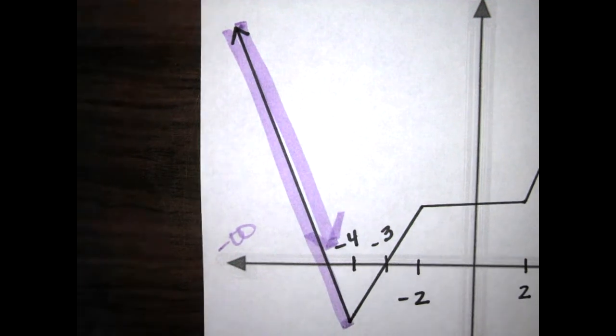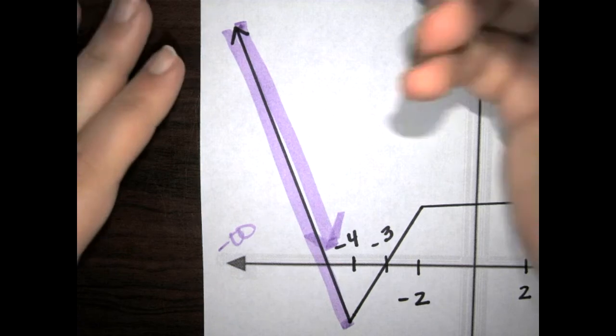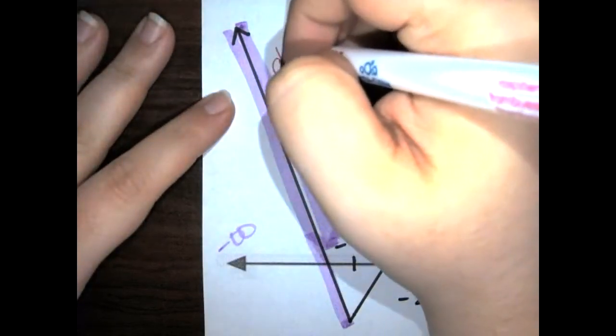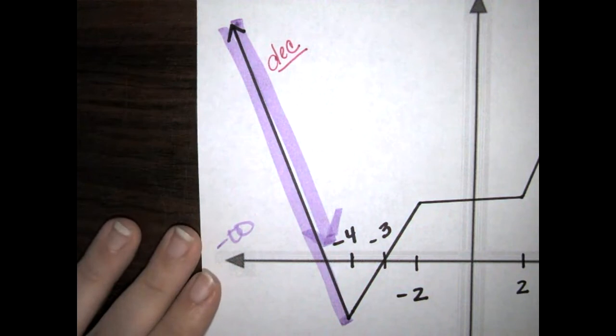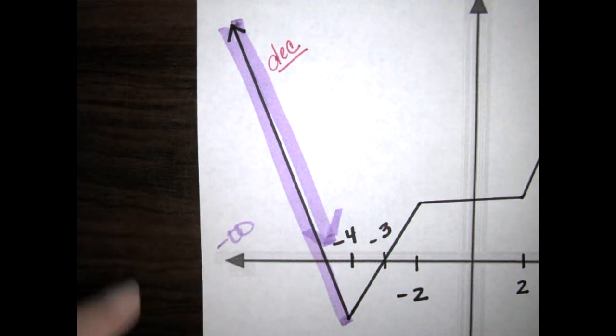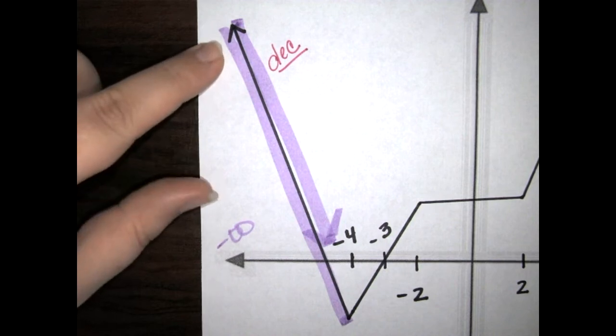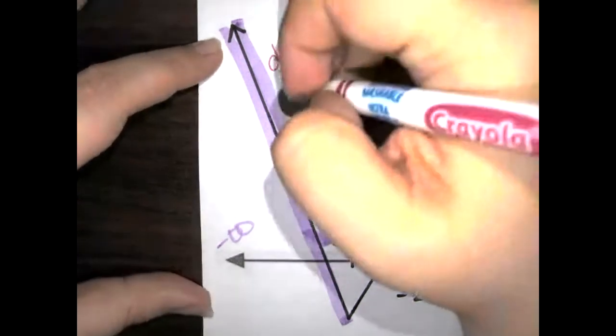Okay, so this first part is going to be decreasing. Here we are decreasing our graph. So we have to be able to tell where that's happening along the x-axis. My arrow tells me that I'm starting at negative infinity.